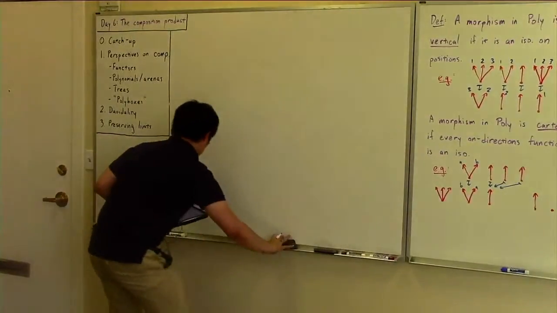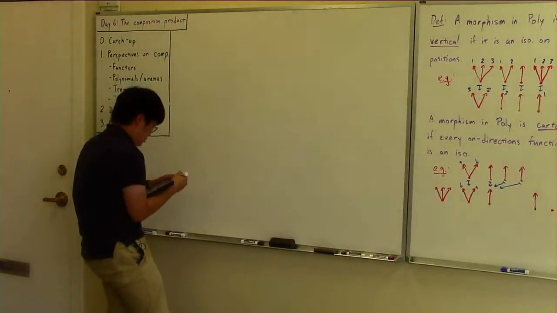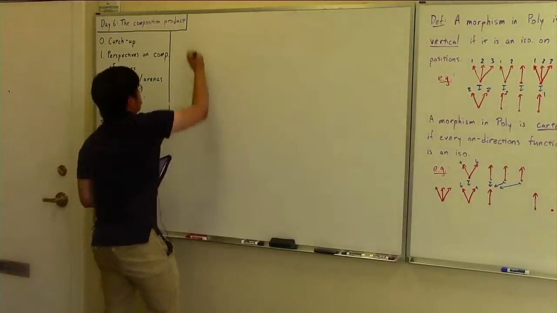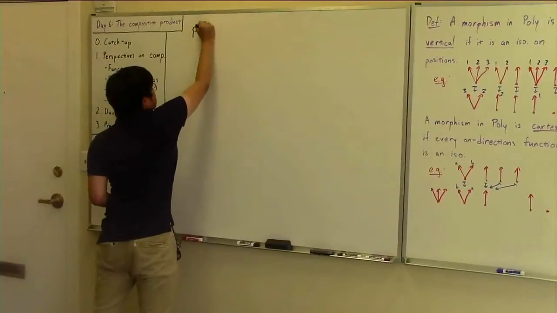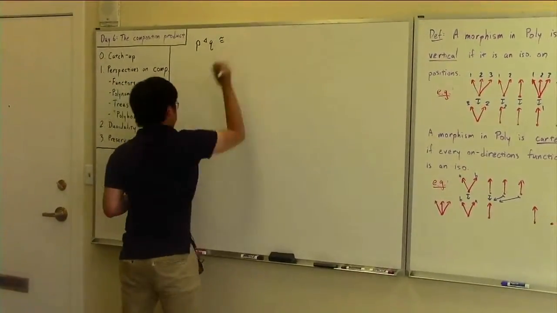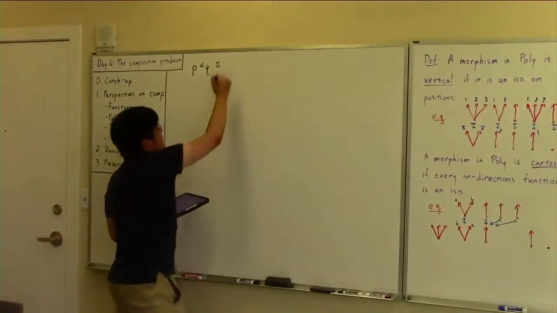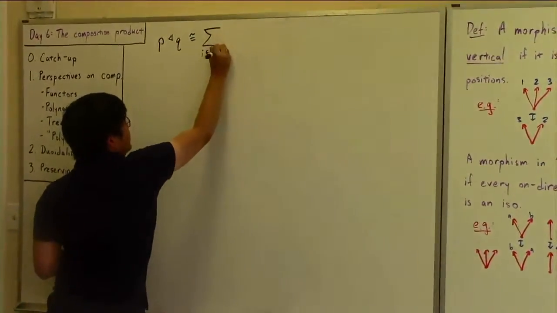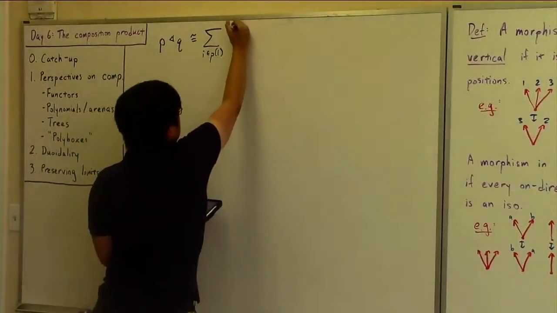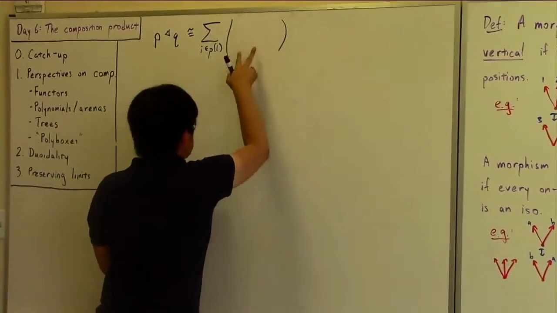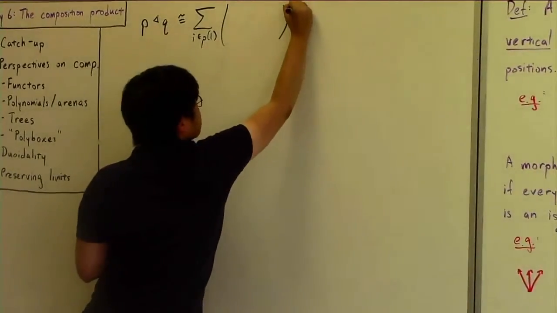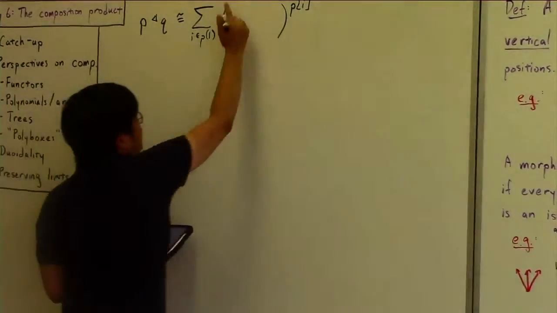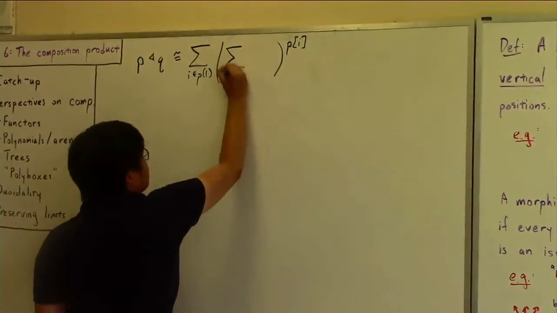So we're going to write P composed with Q. So P is a sum over the positions of P of y raised to the power of P bracket I. Right? And what we can plug in here is our formula for Q.